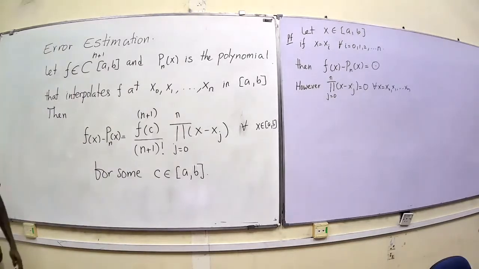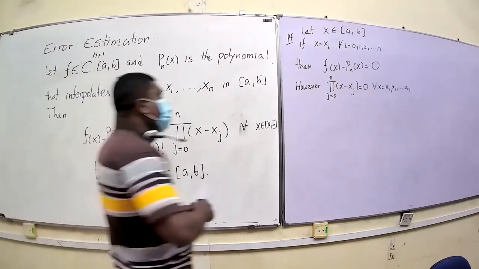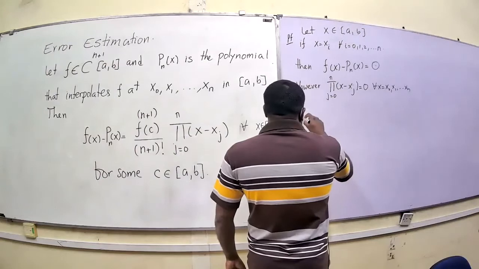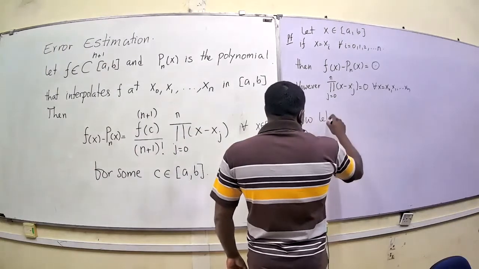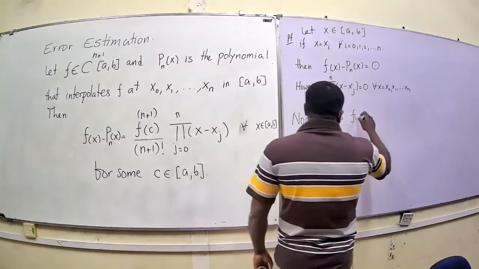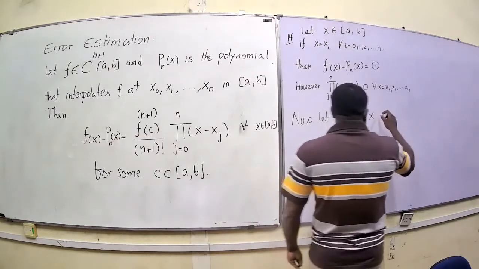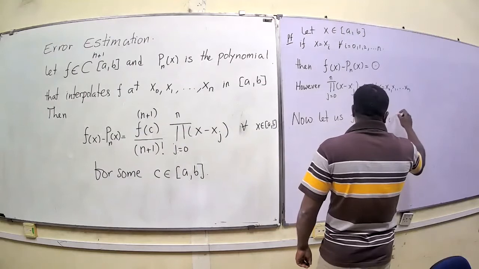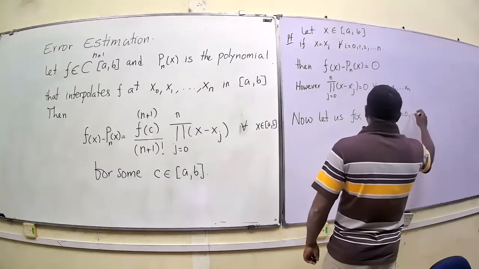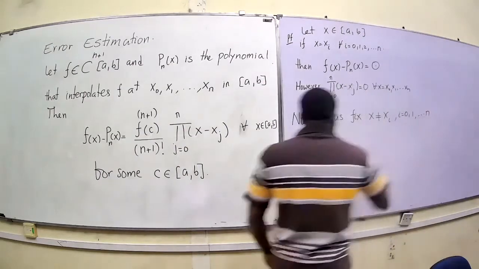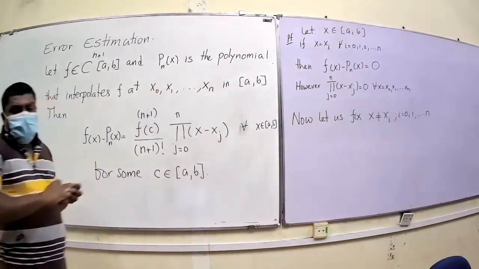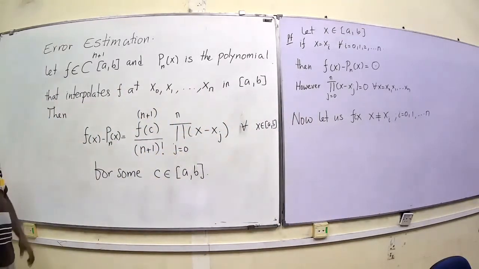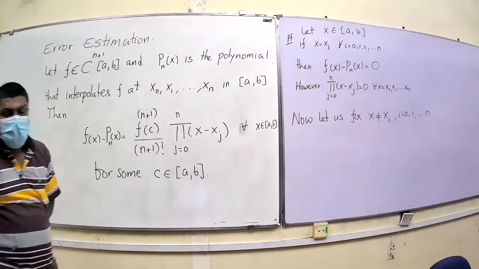Now what we are going to do is fix an x which is not equal to any xi, that is, x not equal to x0, x1 up to xn.